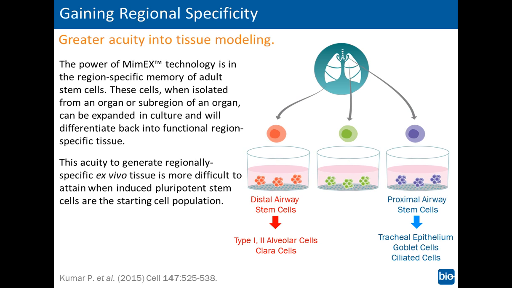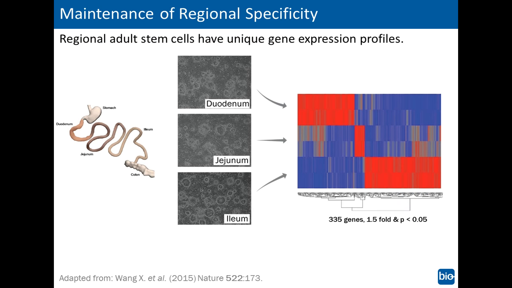On the other hand, if you isolate the stem cells from the proximal airway, shown on the right with this bluish purple color, you will derive the tracheal epithelium, so a high number of goblet cells and ciliated cells. And this is really great if you're looking at regional specificity of certain drugs or toxic compounds. And this is shown in the Kumar paper from 2015.